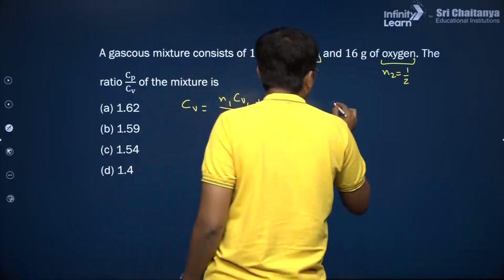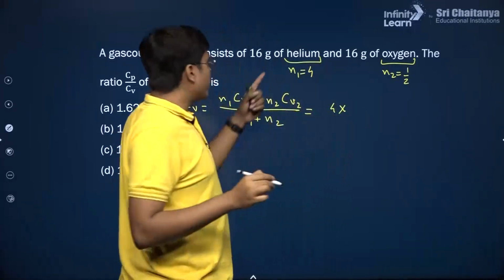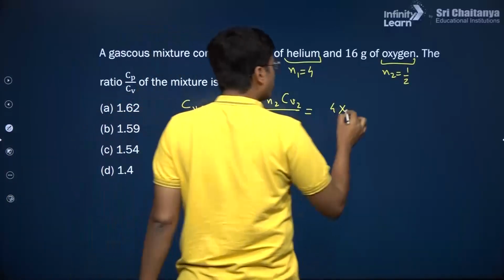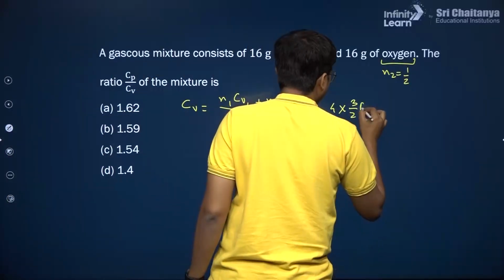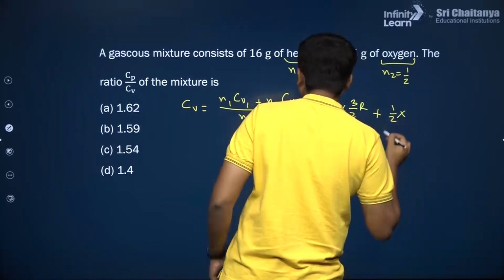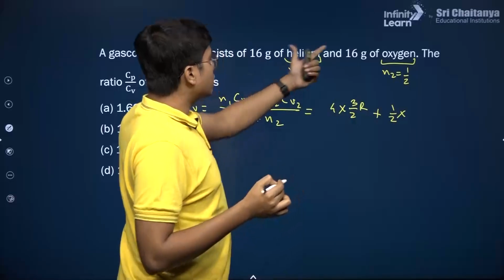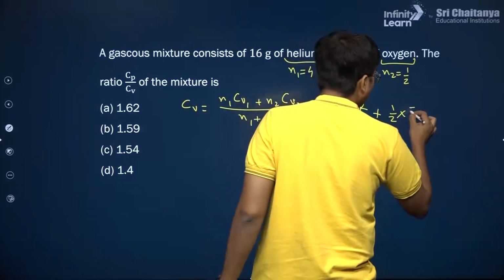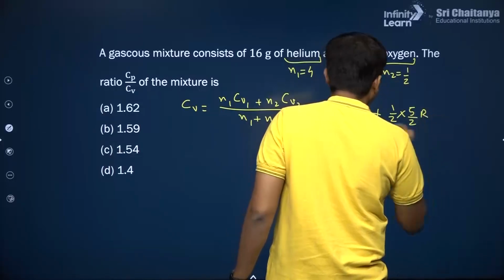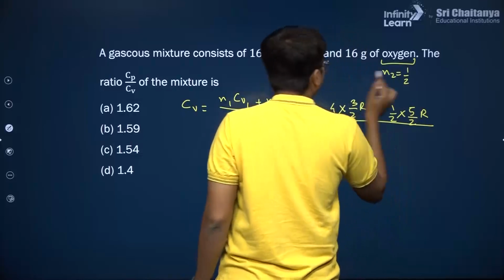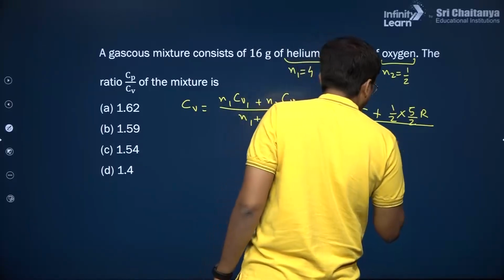Now N1 is 4, multiplied with Cv1, which is Cv for helium, a monoatomic gas, so it's going to be 3 by 2R, plus N2 is half, multiplied with Cv2, which is the Cv for the diatomic gas, which is 5 by 2R, divided by N1 plus N2, that is 4 plus half, that is effectively 9 by 2.